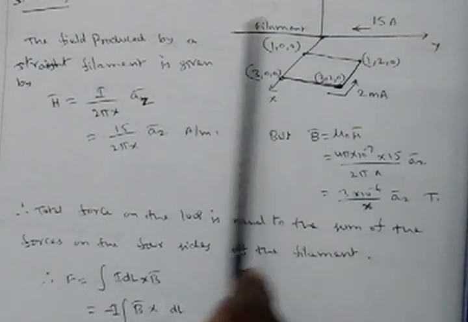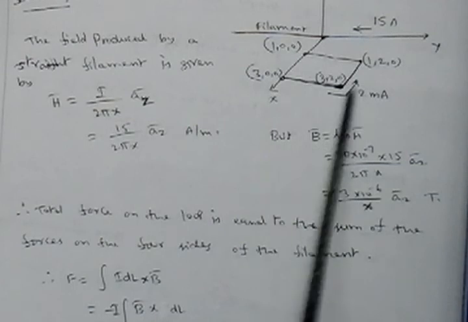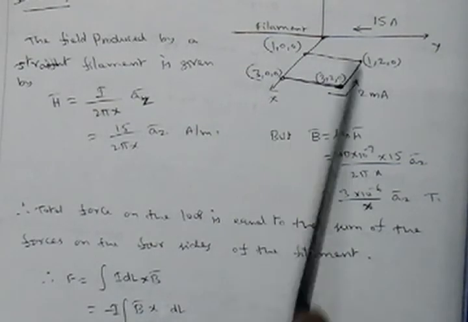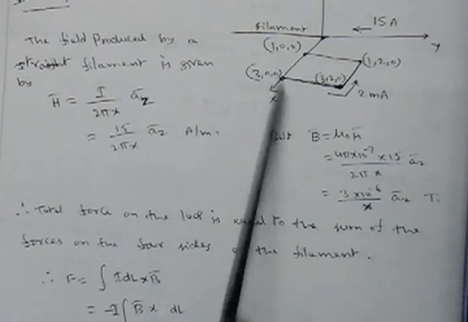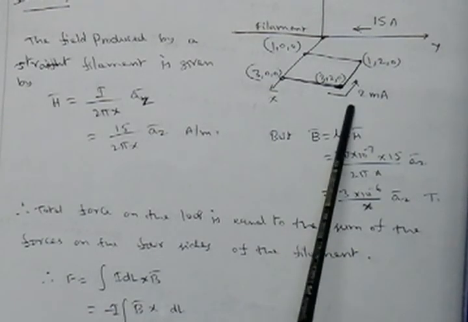Don't get confused: this is the filament, and if you place a square loop near it, what is the force experienced by the square loop when some amount of current is flowing through it?